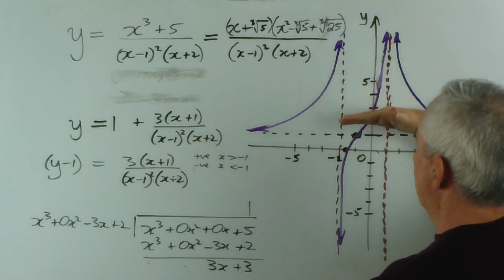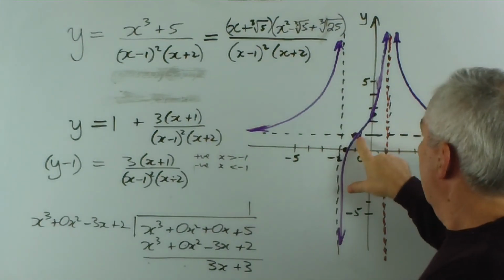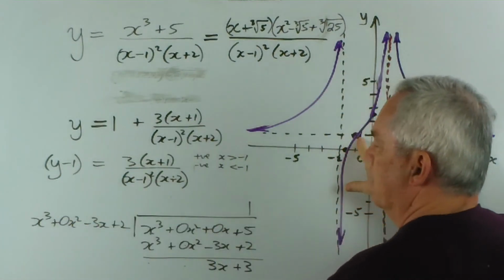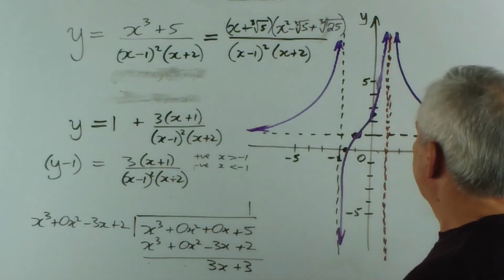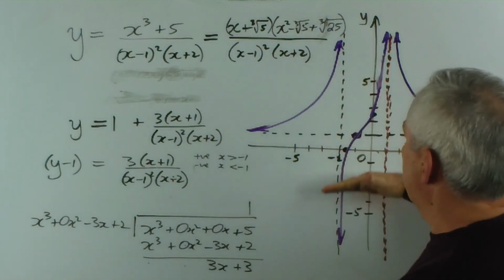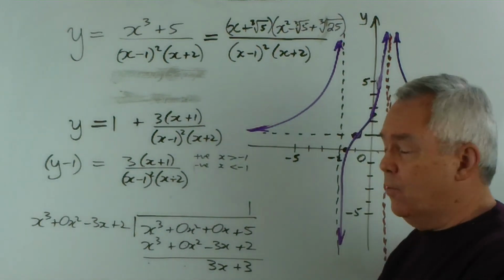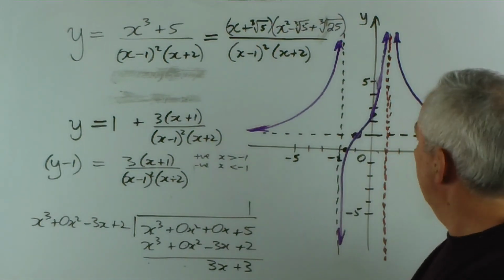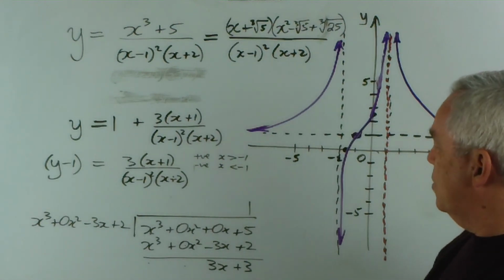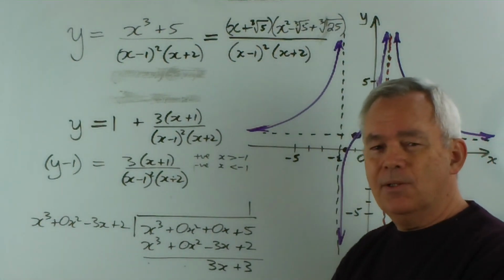So as the asymptote moves, the crossover point moves with the asymptote. So this one's at -1, +1. So I want you to observe that. So the asymptote moves up and down, and also this crossover point, if one exists, will move up and down with it. And I think everything else should make good sense to you if you've seen all my past videos.